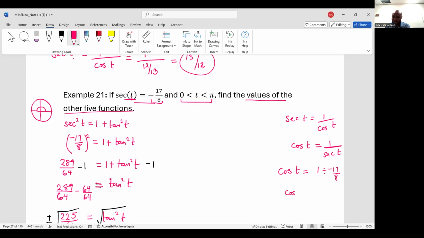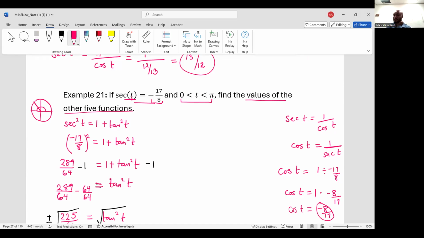So cosine of t is 1 times negative 8 over 17, which is negative 8 over 17. It means that cosine is actually negative. Now, we understand that our angle is in the second quadrant, because cosine of that angle is negative there.